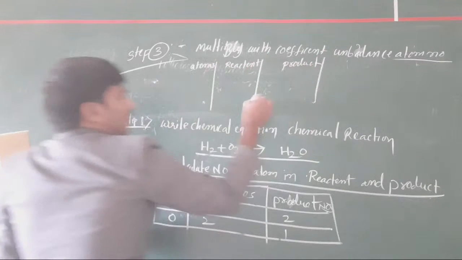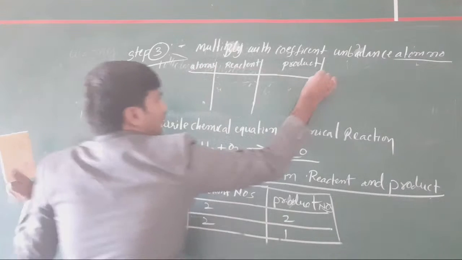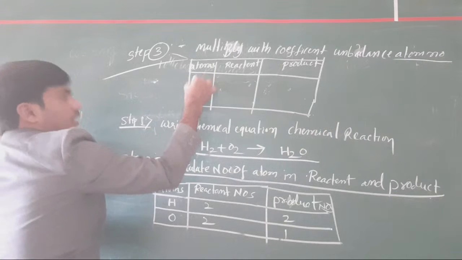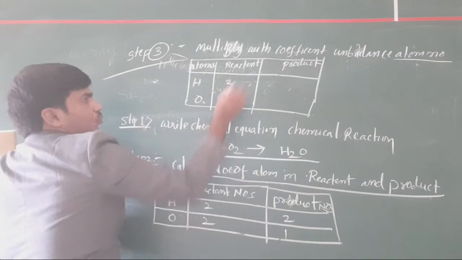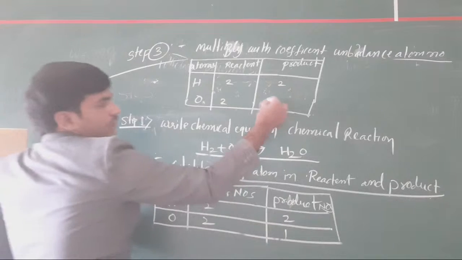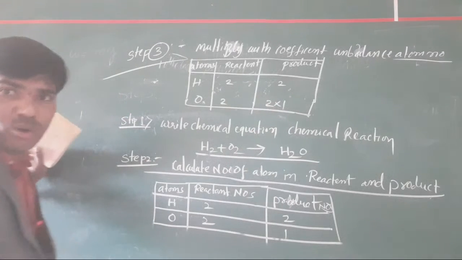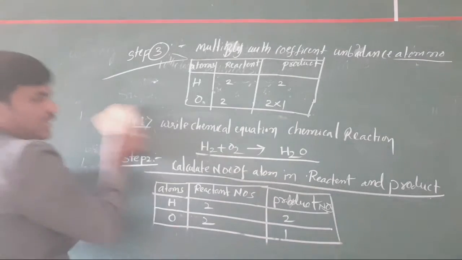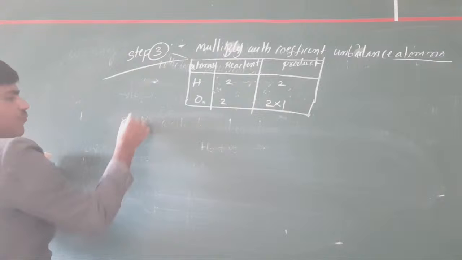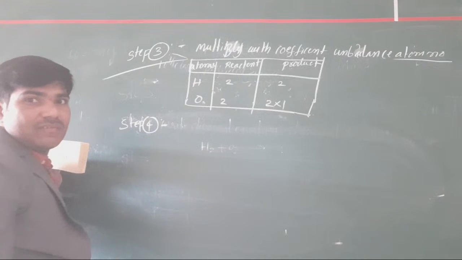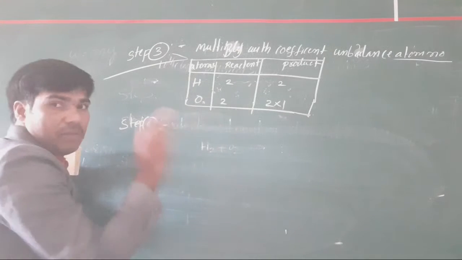Here the atoms are hydrogen and oxygen, and here 2 and 2 are there, and 2 here, you know very well, multiplied with 2 again. 2 into 1. Now you take it out in step 4. Clear or not, all of you? Are the reactants and products the same or not?